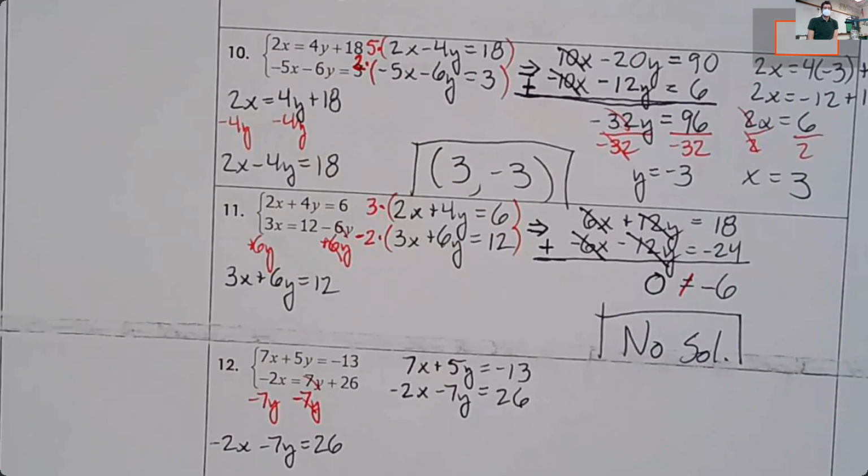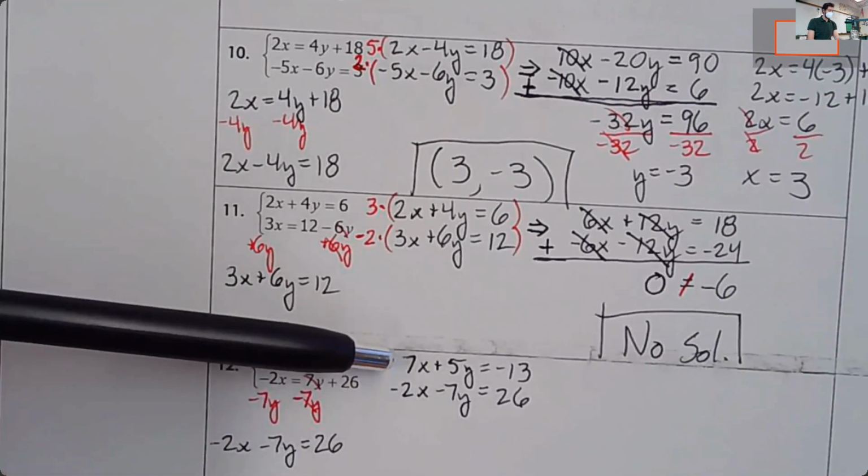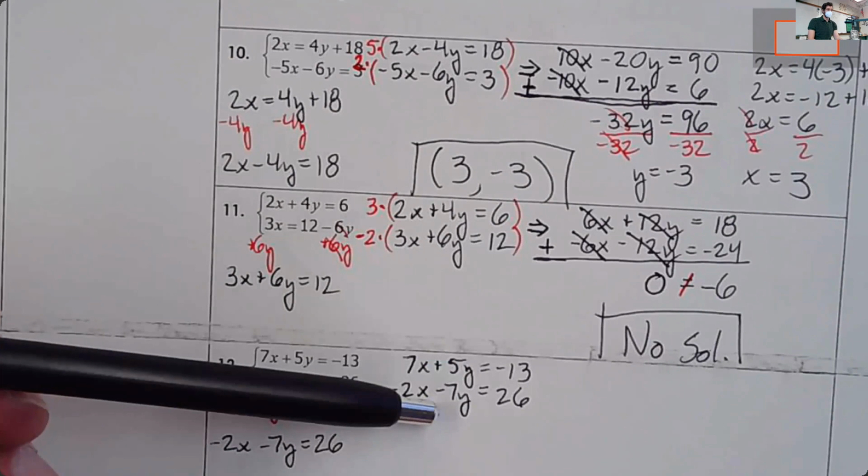All right. Now taking a look here, do we have to multiply one equation or both equations? Yeah, it's going to be both because 2 does not multiply into 7 and 5 does not multiply into 7.